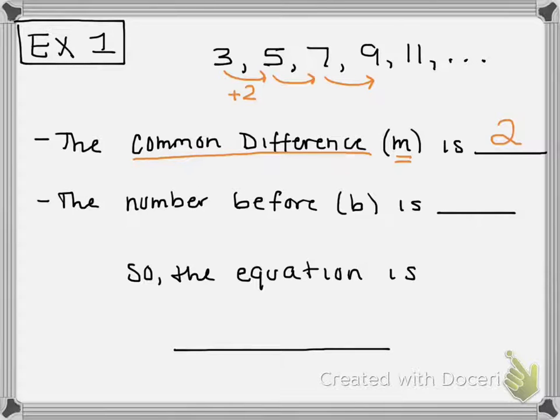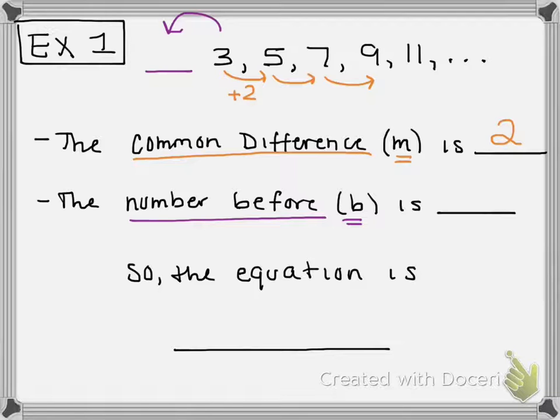The other part of this sequence is my b, and that's the number that came before the sequence started. So we have to figure out what would have been before that 3 in this sequence in order to find my b value. So that's why I said it's kind of like working backwards to figure out what would come before 3 in this sequence.